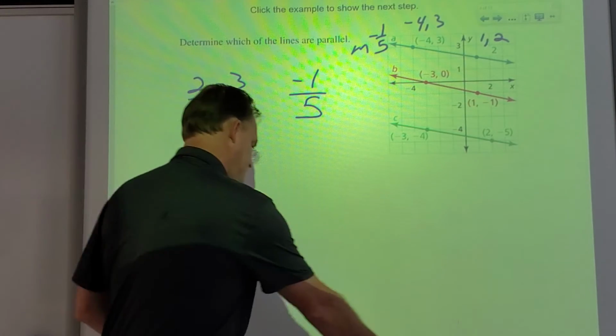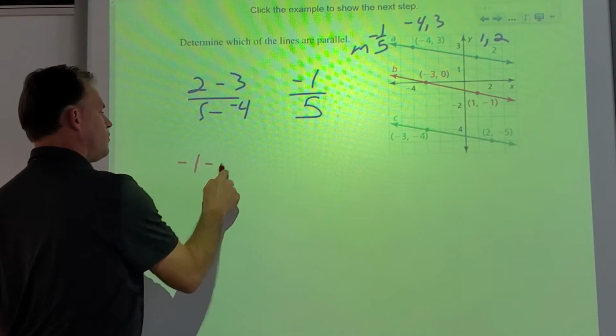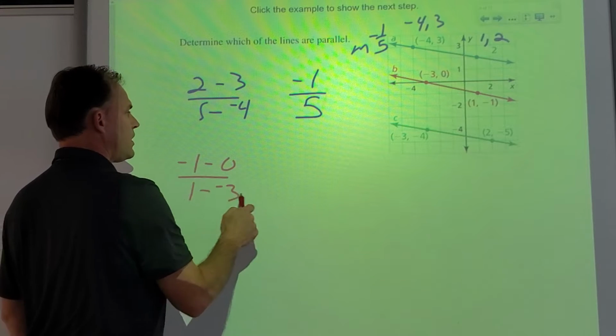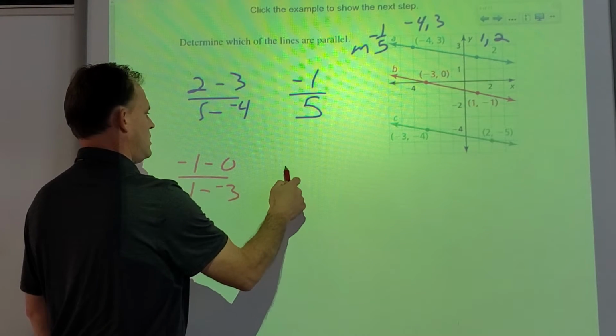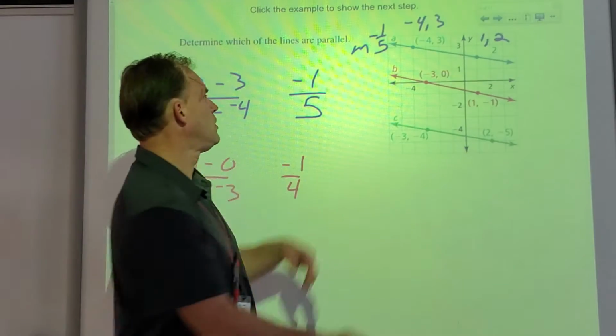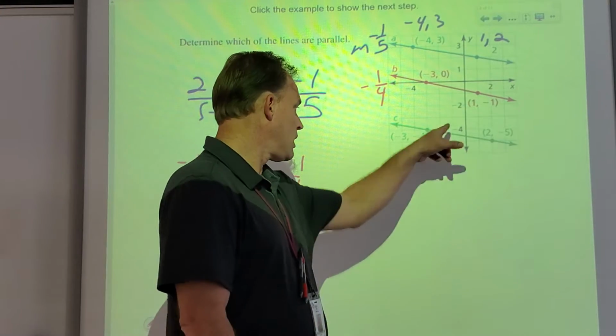Do it again. Second one minus the first one. -1 minus 0. 1 minus -3 is -1/4. So do these two have the same slope? Nope. Let's check the last one.